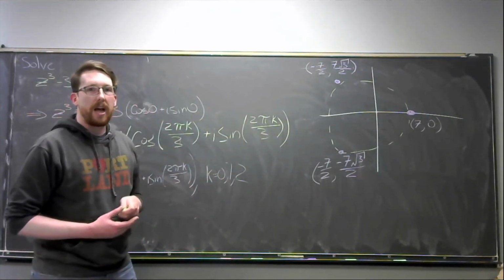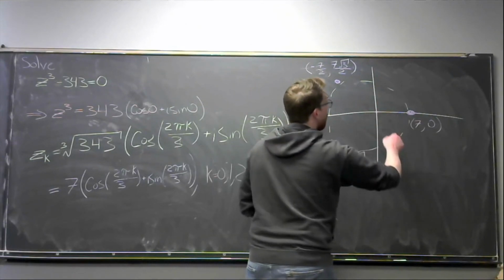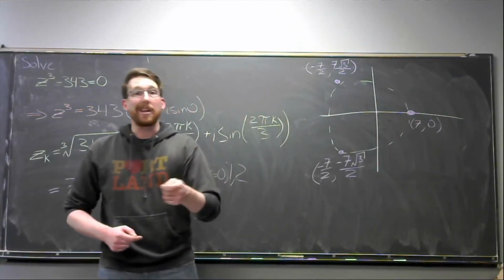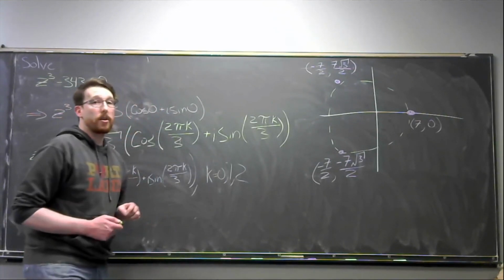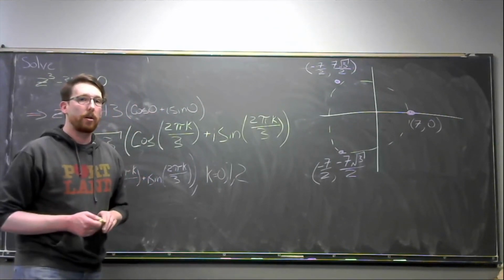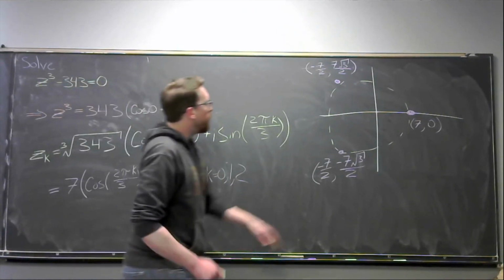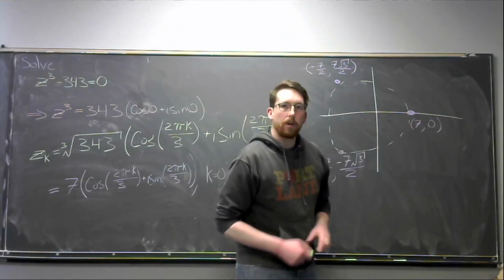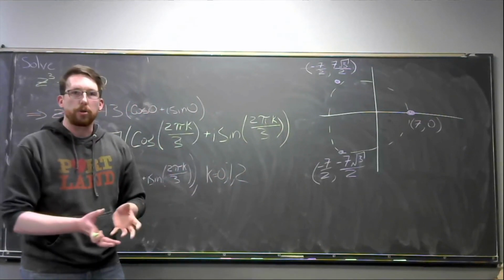That's how many points you're going to have along the boundary of your circle, and they are all going to be evenly spaced. So as a way of checking your answer, graph it. See if your answers come out to be evenly spread out along a circle.